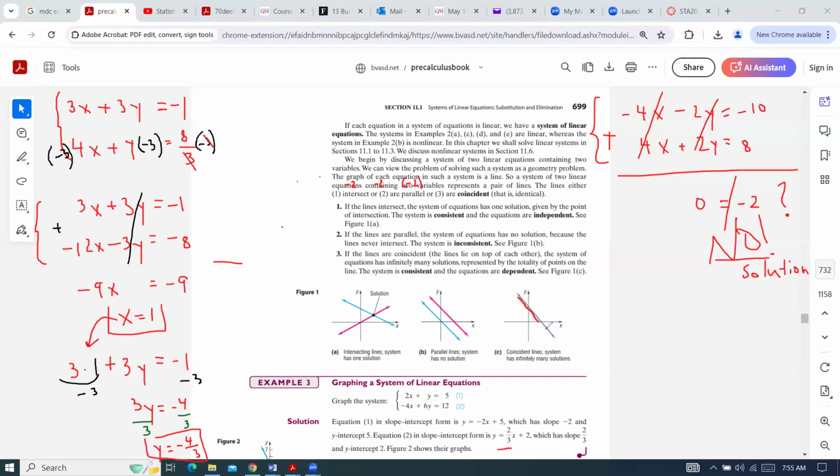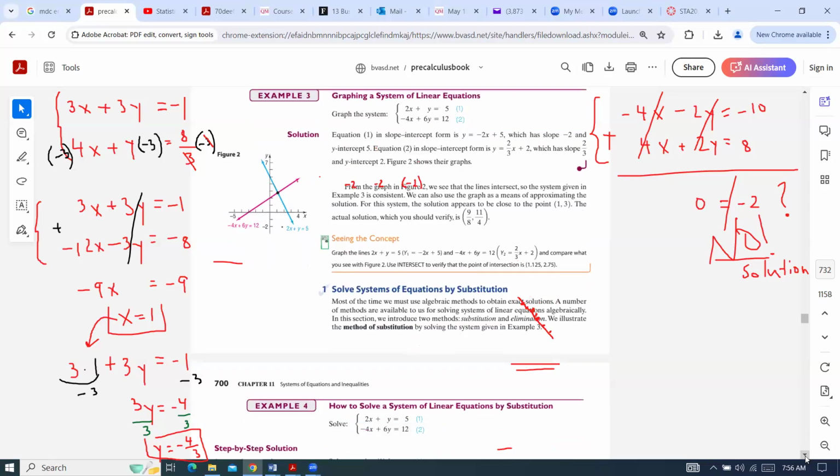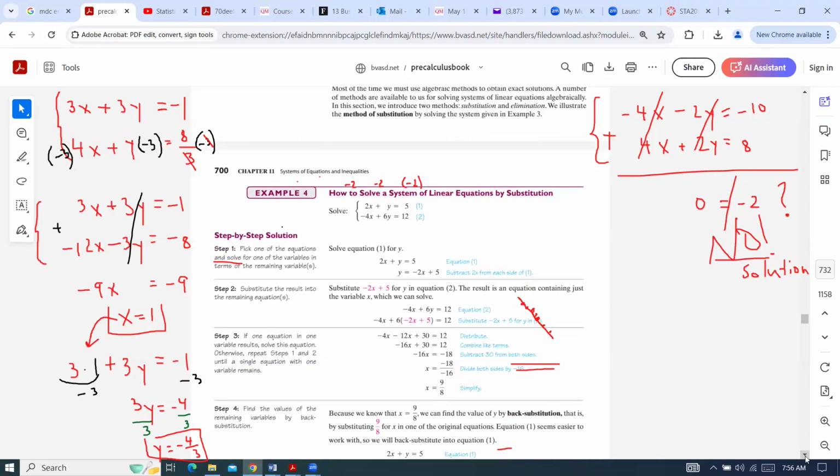So those two equations coincide. There'll be infinitely many points of intersection of these lines because this is exactly the same line. And that's the case when you have infinitely many solutions, because any point is a solution and there are infinitely many points on the line. That's why people say there are infinitely many solutions.